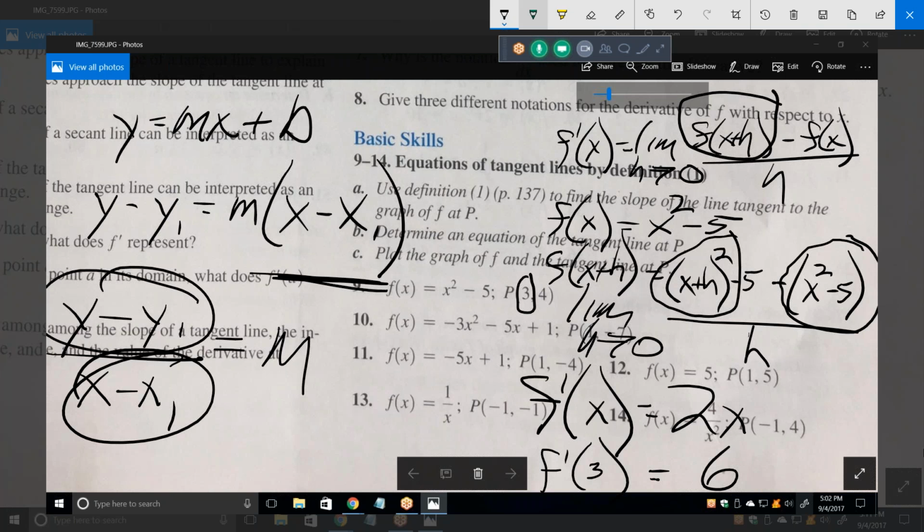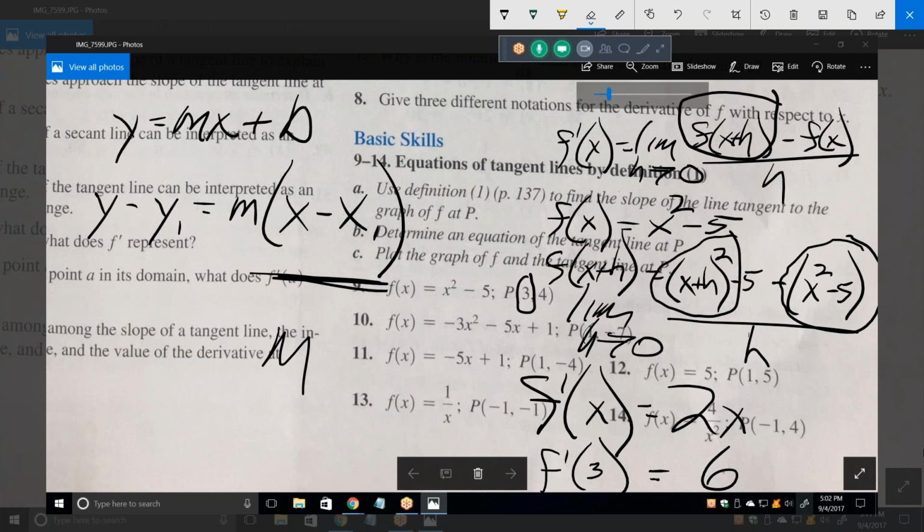So if you forget this formula, you can always kind of figure it out based on the fact that slope is, by definition, rise divided by run. Okay? Now, why is this called point-slope format? Well, there's the slope, there's the x point, and there's the y point.